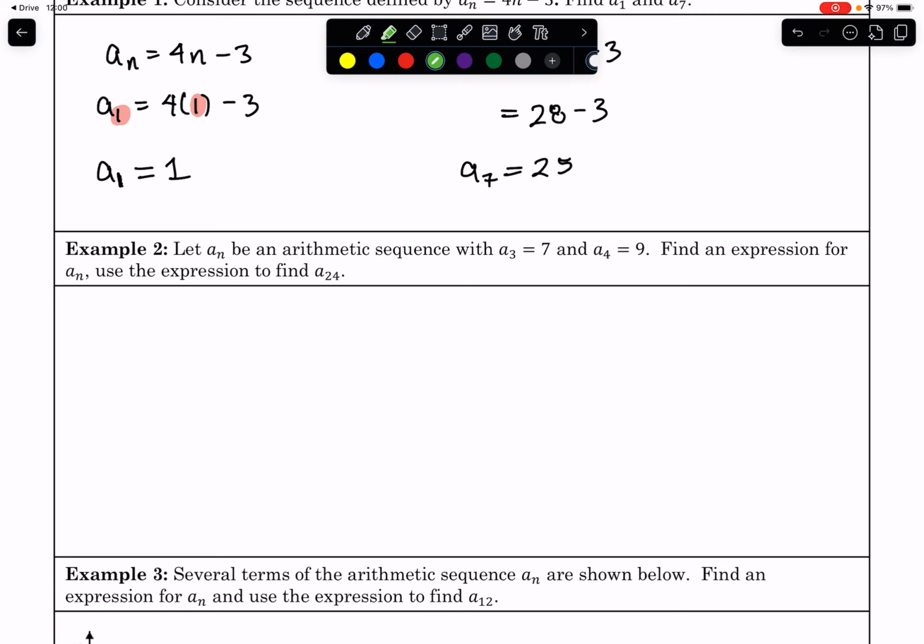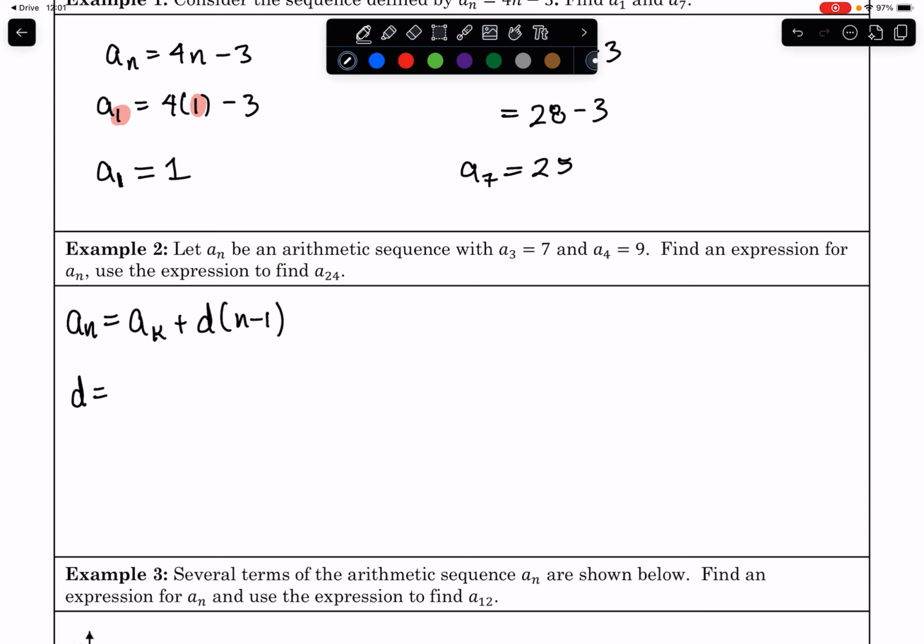And instead of using that formula, we're going to use this formula instead. A sub n is equal to a sub k plus d times n minus 1. And because d is like the slope of a line, d is just the common difference, we're going to use our slope formula.